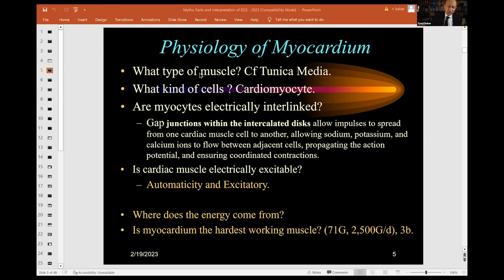It has, of course, one cellular nucleus and an abundance of mitochondria. And the adjacent cardiomyocytes have a gap junction, which is crossed over by the action potential, like jumping from one neuron to the other.